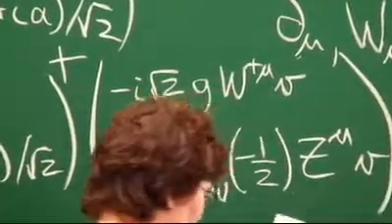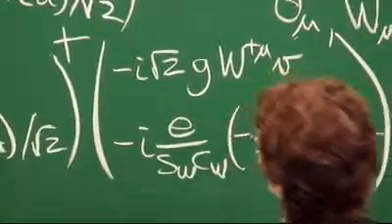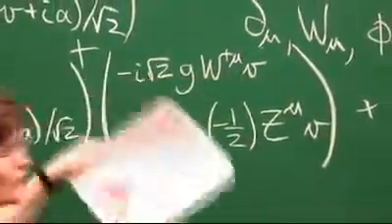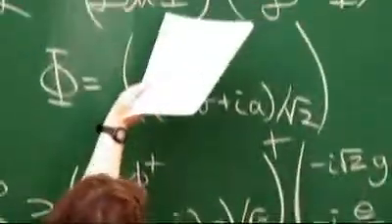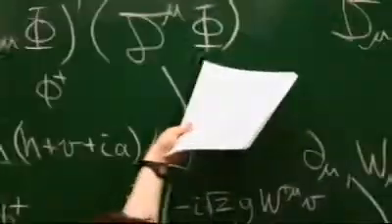Okay, and then I have a second term, which is essentially the reverse term, where I put the vacuum expectation value in the first doublet and then put the field in the second doublet.